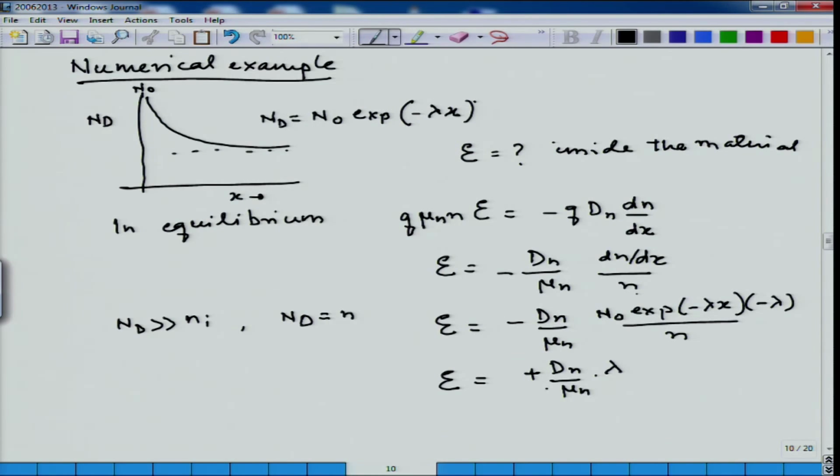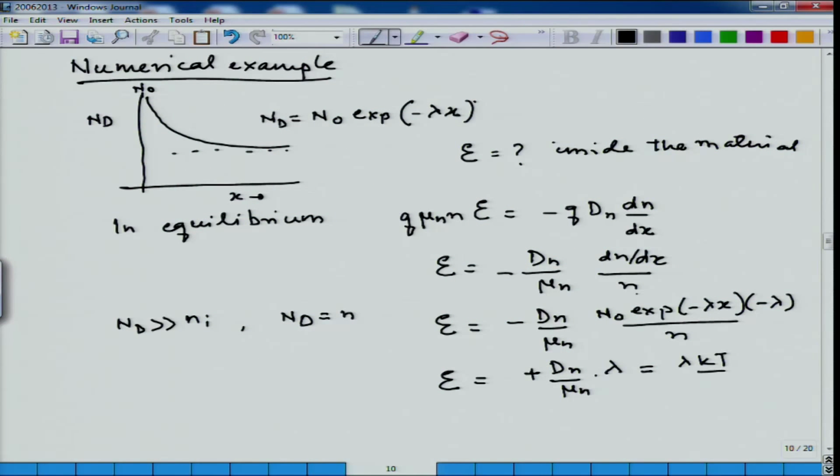And I know D_n divided by mu_n is a constant, which is given by kT over q. So, this is the expression we get.